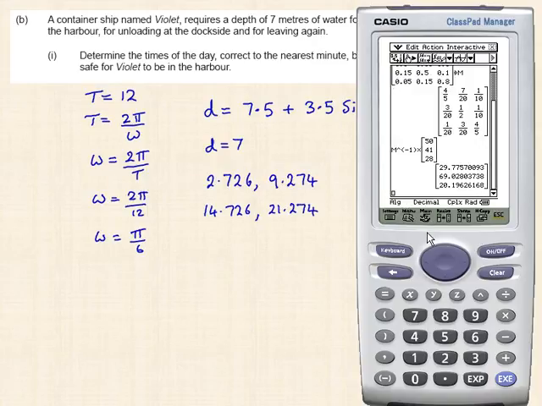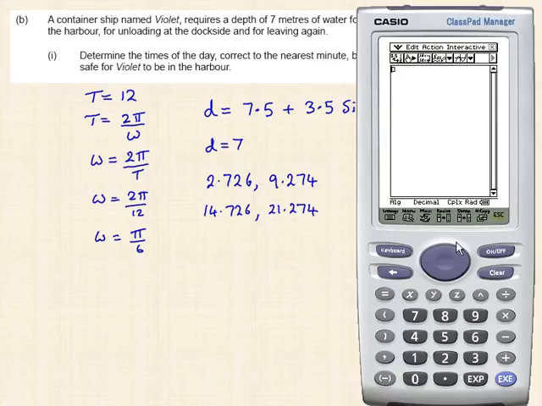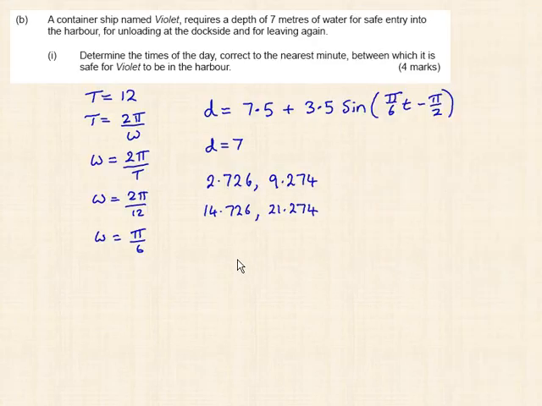Now let's just go back to main. I'm just going to clear what's there. So if we have 0.726 and we multiply that by 60, that gives us 44 minutes to the nearest minute.